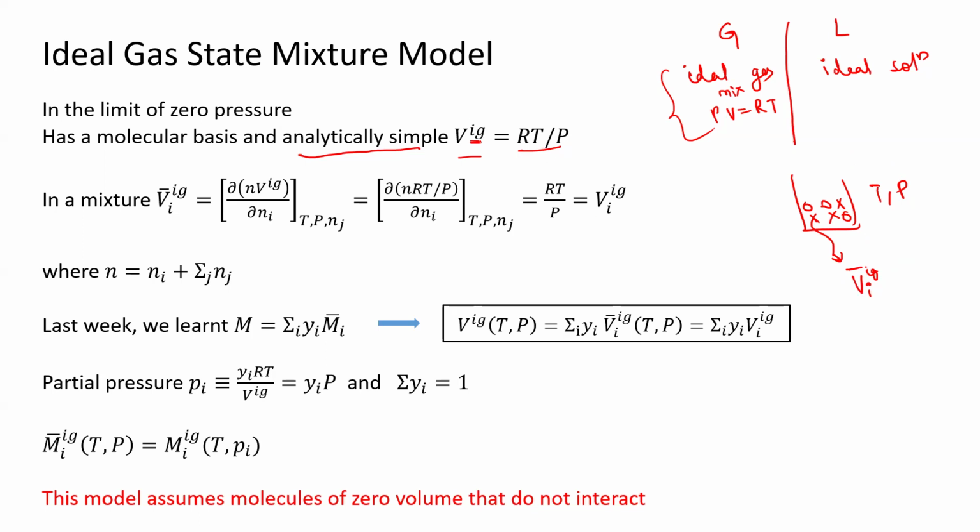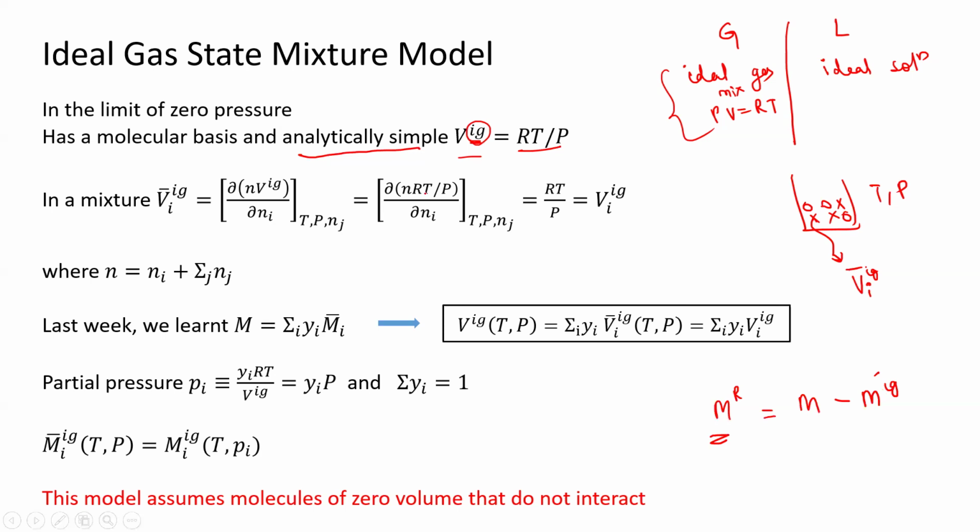We use this model as a reference for other models, and we use a property M residual equal to M minus M IG. It means how much the mixture is deviating from the ideal gas mixture model. That is given by the residual model. We'll be defining this later.